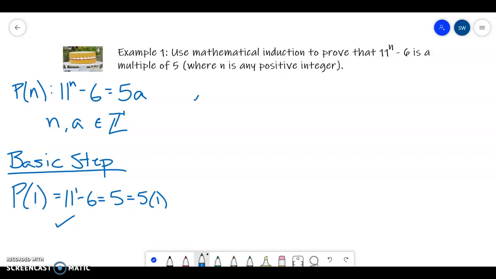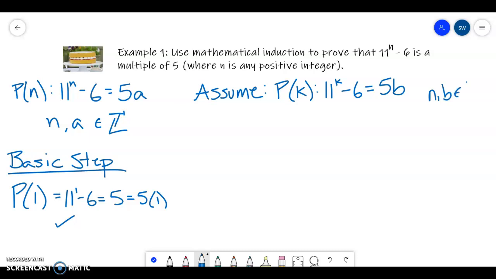Now our next step is we assume that for some P sub k, 11^k minus 6 is equal to some multiple of 5. I'll use b this time, where k and b are positive integers, again trying to be good math students and make these claims of what the letters mean.